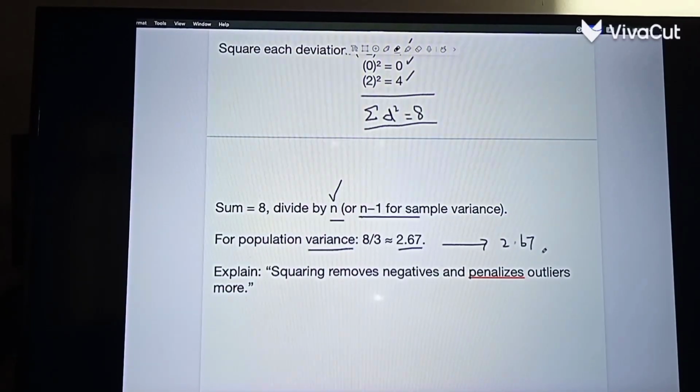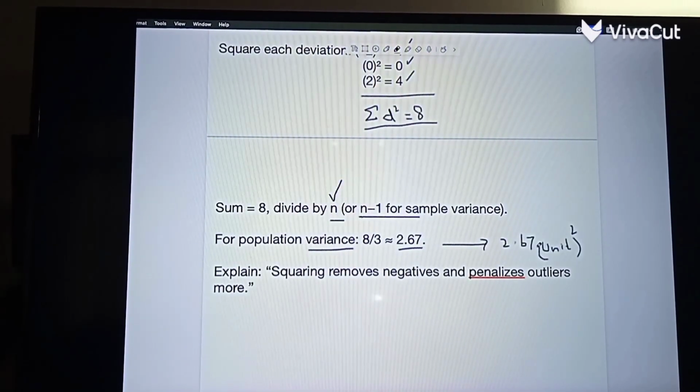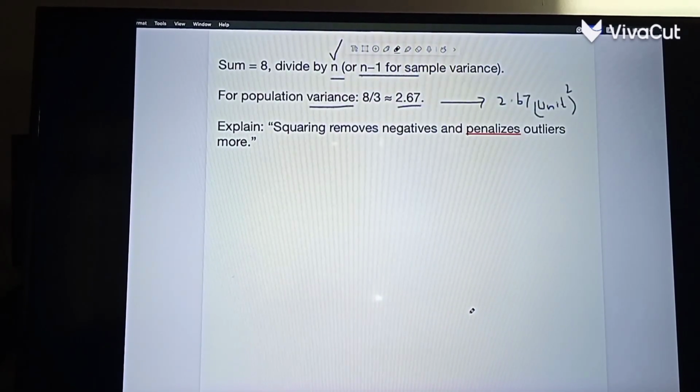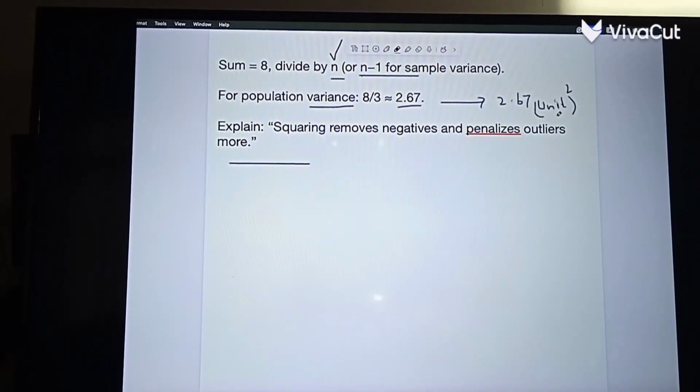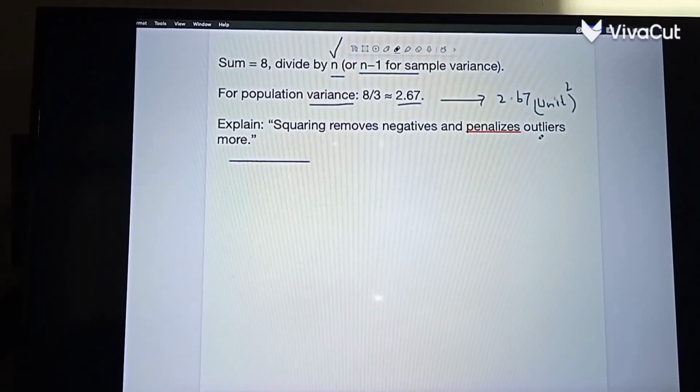So here you will write the unit, and it will be the unit squared. Suppose the unit is kg, then the answer will be 2.67 kg squared. So squares remove negatives and penalize outliers more, but here we are getting squared units. That is, in answers you have to write squared units, which is not feasible.